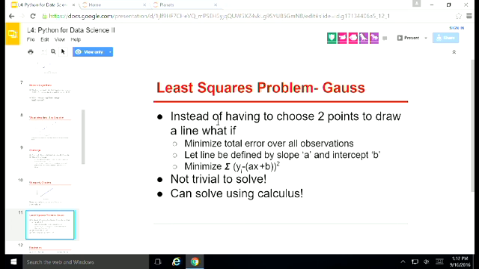Oh, yes, my bad, sorry. Good catch. Let's just use this. This is a function over a and b. We want to minimize over a and b. That's what you want to do.